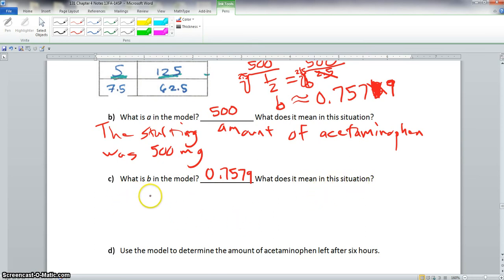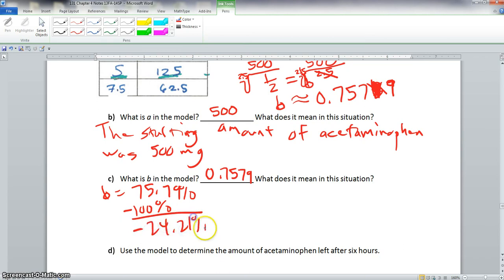Now remember, we have to take our B, which is 75.79%, and subtract 100% from it, which we got earlier when we first got to this page. 75.79 minus 100% will give a negative 24.21%.